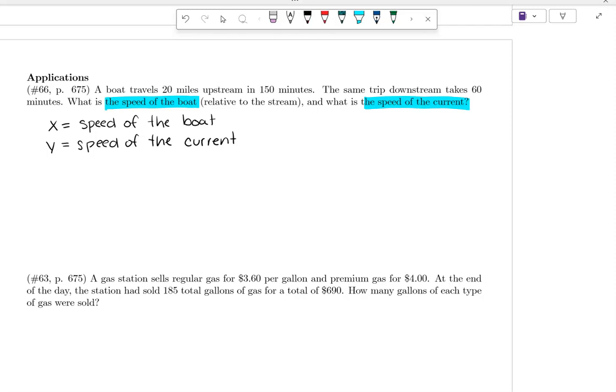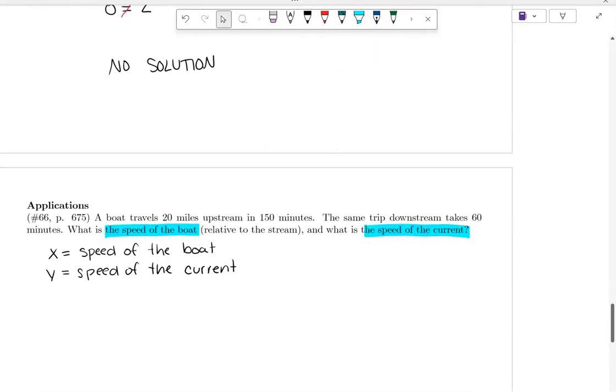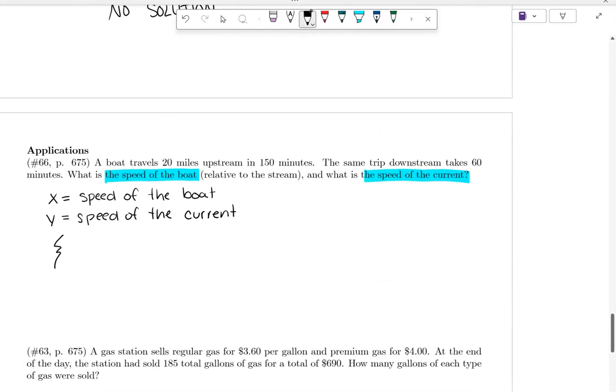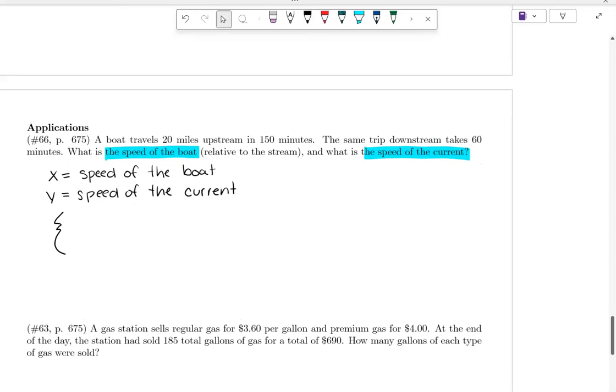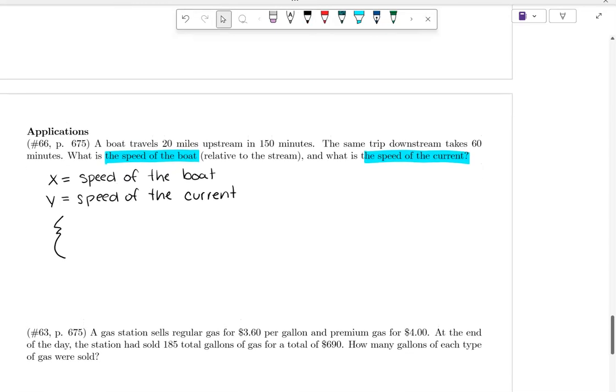All right, now we will set up our equations. So we're looking at if our speed of the boat and speed of the current are going to be in the same thing, we're going to have x and y in each line, right?